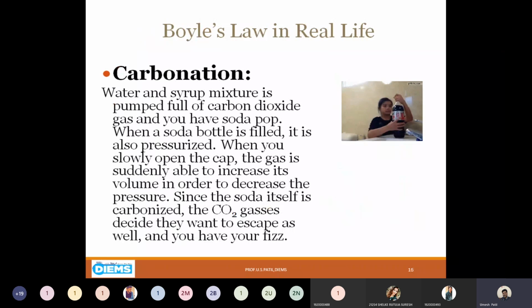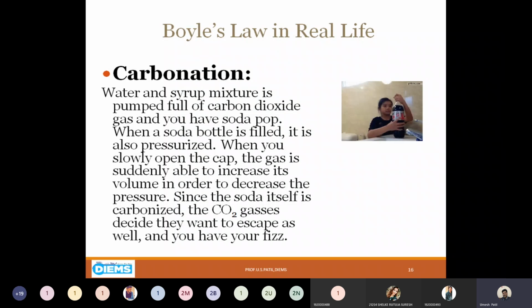Just read this and try to understand what is written here. A real life example of Boyle's law is a Coca-Cola bottle or any cold drink bottle. It contains Coca-Cola or Pepsi in which CO2 is in dissolved form.